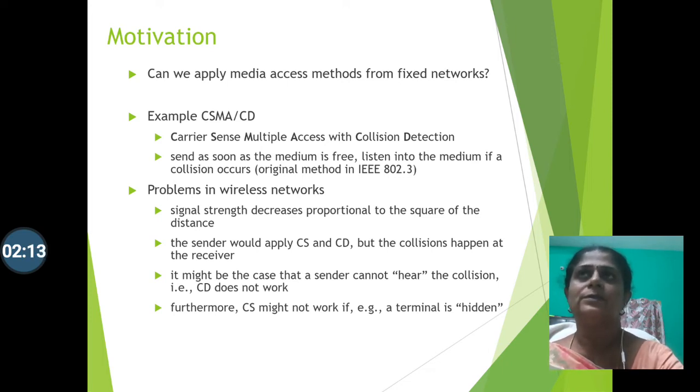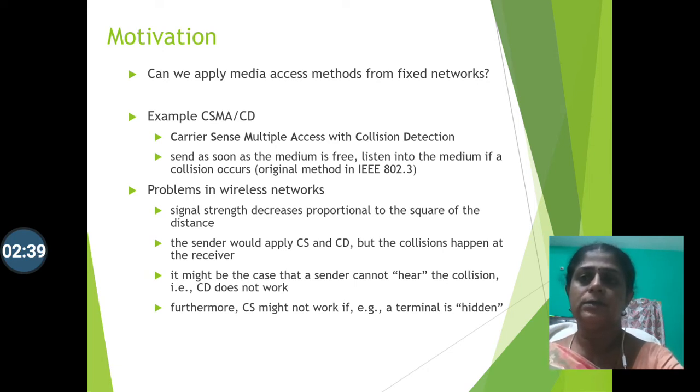So sometimes the sender might not hear the collisions that happen at the receiver's side. The sender will think that everything is done, but actually the packets would not have reached the receiver and some collisions might have happened. So this is a problem in a wireless network.